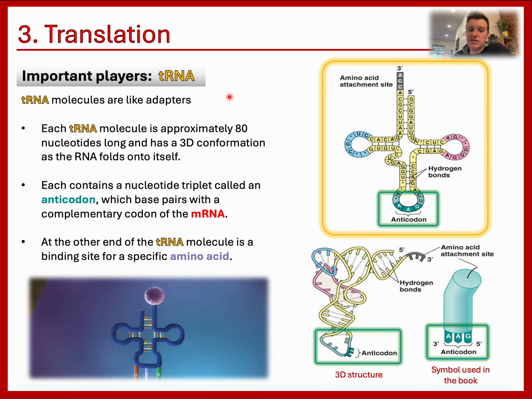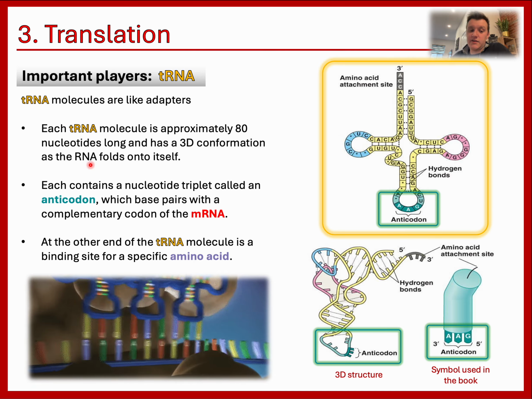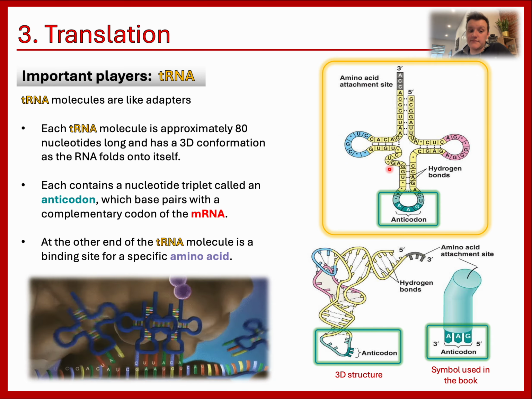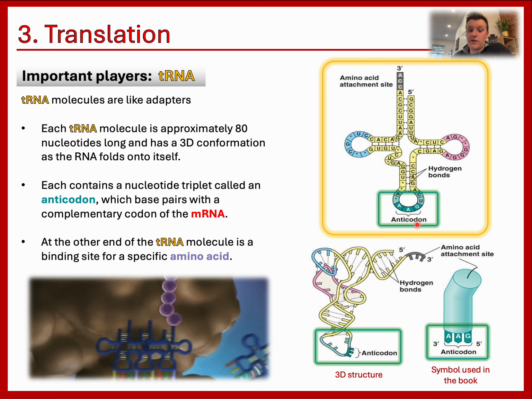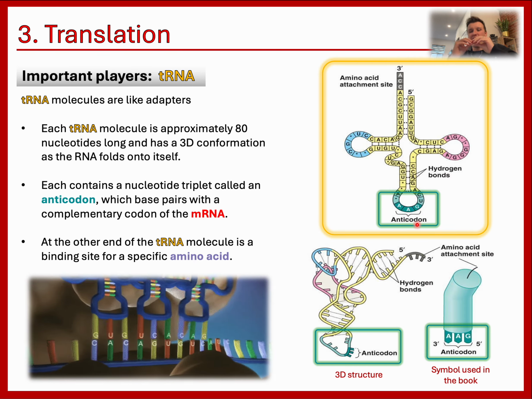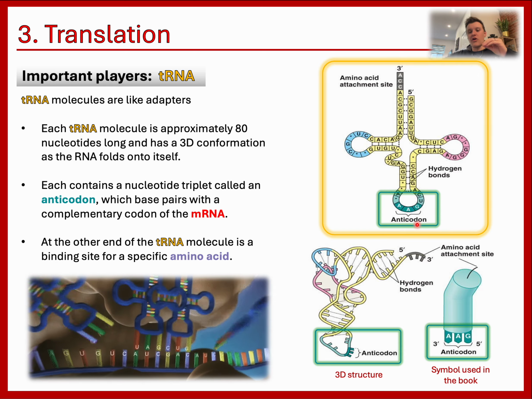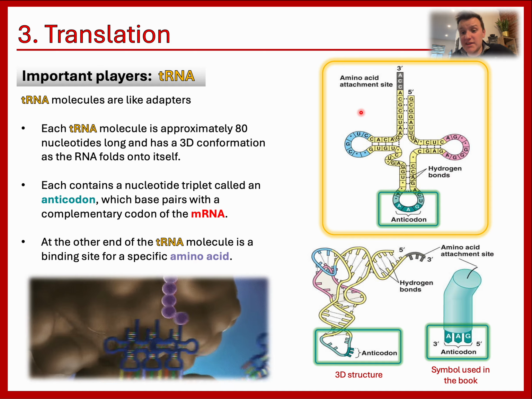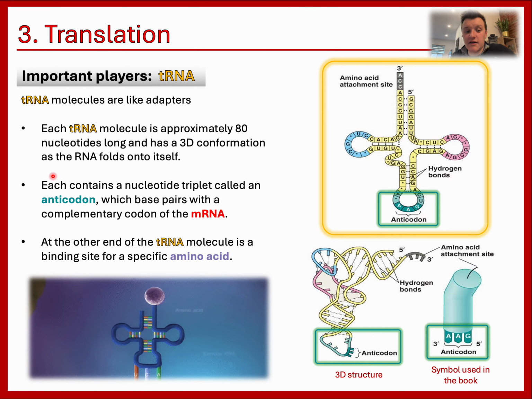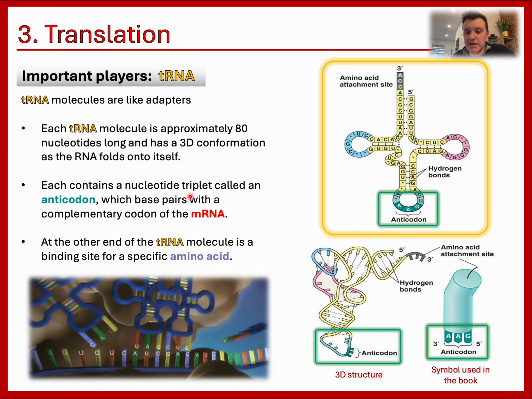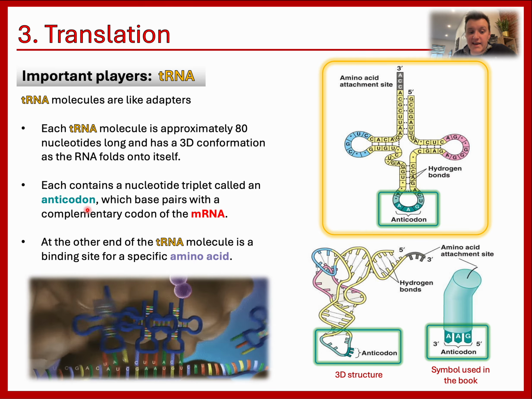Each tRNA molecule is approximately 80 nucleotides long and has this 3D conformation. You'll see that the RNA folds in on itself. Remember when we had an mRNA, it was this long linear chain? This tRNA is a weird 3D structure, and each contains a nucleotide triplet called an anticodon.